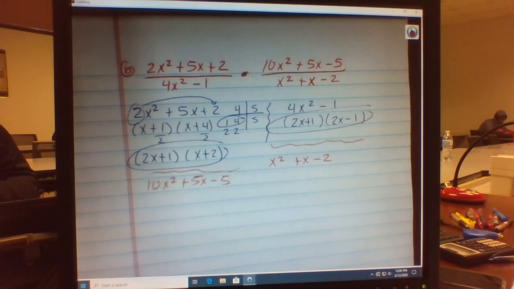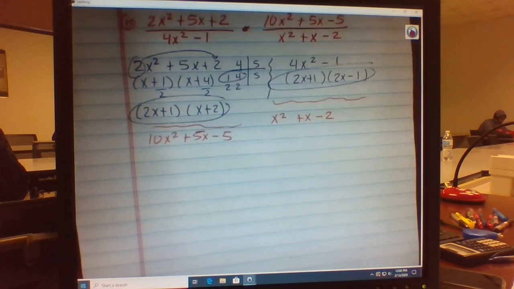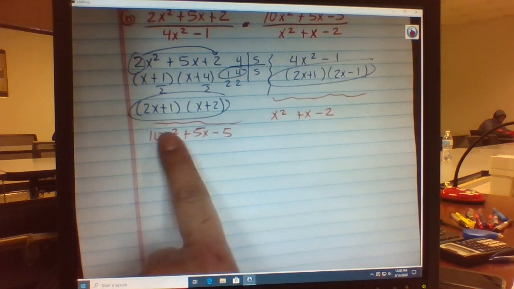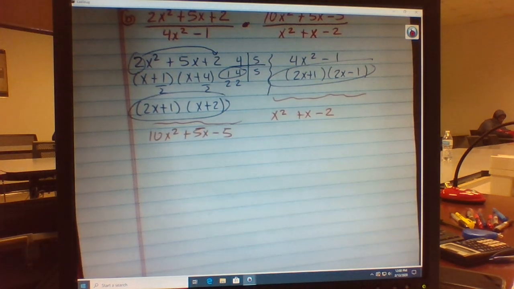When you look at the first of the second fraction, what can you do before you do anything? Factor out a 5. Very good. So make sure you factor out a 5 first. Make the job easier.